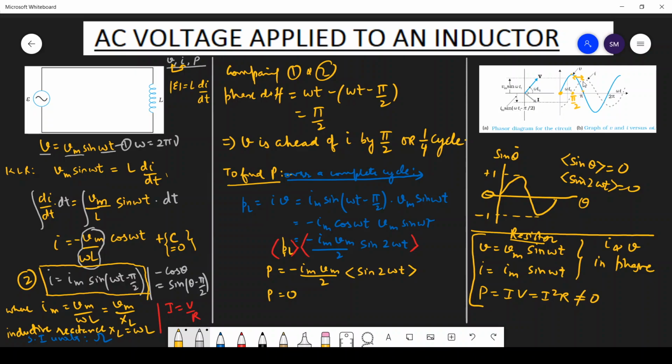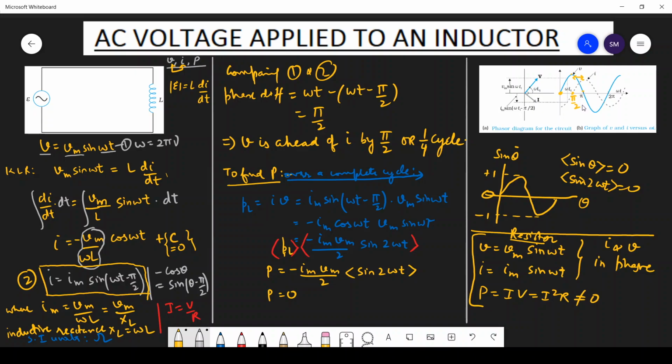Now let us look at the next part. Both V and I are positive, so the power is positive, so power is delivered. So in 1/4 of the cycle power is absorbed, in the next 1/4 of the cycle power is delivered. Again the same thing will be repeated, so power will be plus and minus, plus and minus.